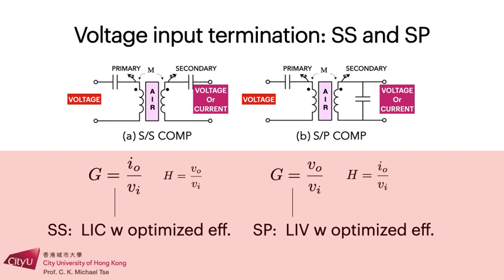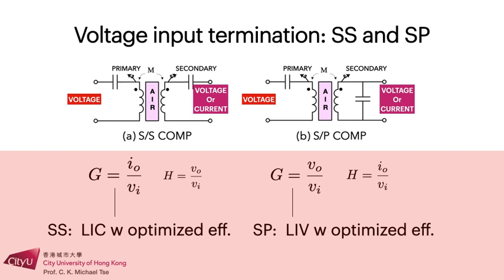So we have G function, H function corresponding to the transconductance and voltage gain respectively. And also for SP, for G it is the current voltage gain, and for H it is transconductance. And here in this case, the input is a voltage and the output could be LIV and LIC.